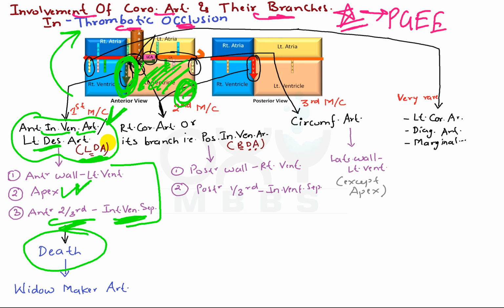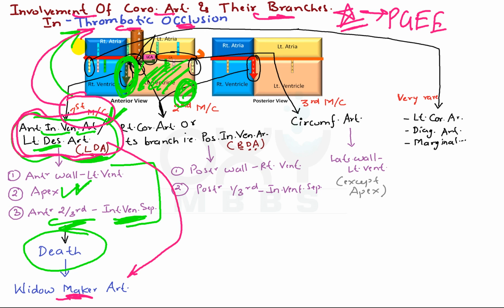That is why this artery is called the widowmaker artery. So which artery is called the widowmaker artery? The anterior interventricular artery, or left descending artery, the first most common artery involved in thrombotic occlusion.